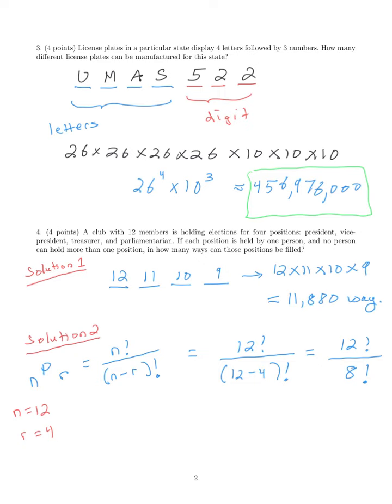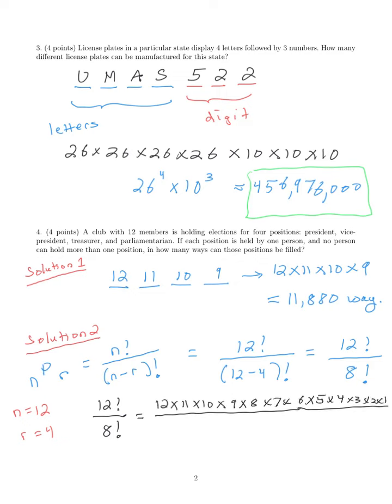So what is 12 factorial divided by 8 factorial? Well, 12 factorial means you take 12, you multiply by 11, 10, 9, and 8 until you get down to 1. So that is 12 times 11 times 10 times 9 times 8 times 7 times 6 times 5 times 4 times 3 times 2 times 1.